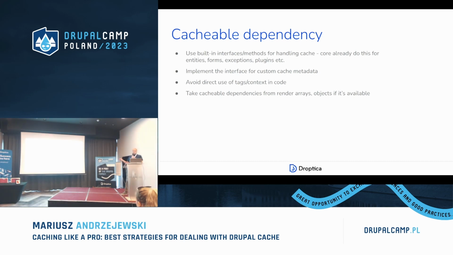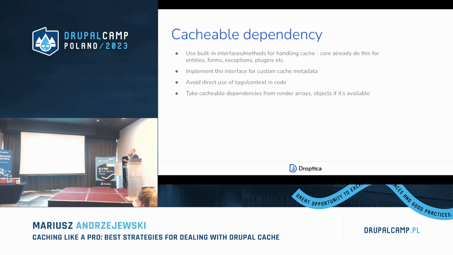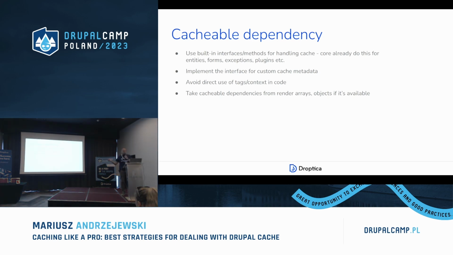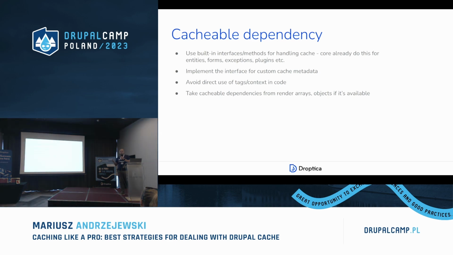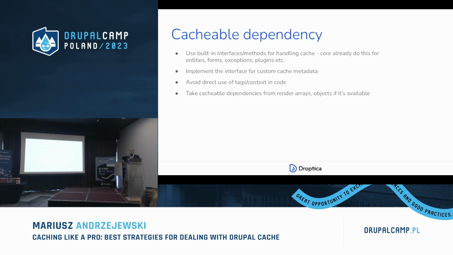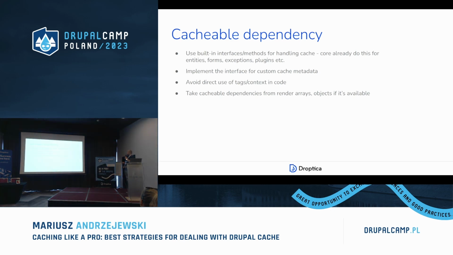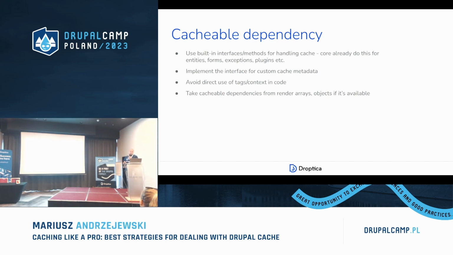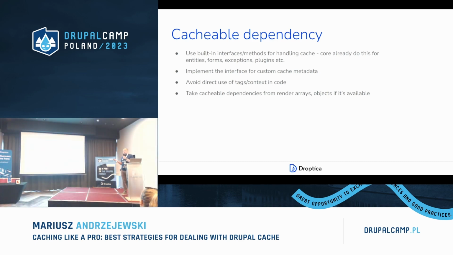We can, of course, use these tools in our custom solutions. This allows us to avoid direct use of tags, contexts, and knowing the structure of an array, and of course, it allows us to easily depend on some sort of cache metadata.